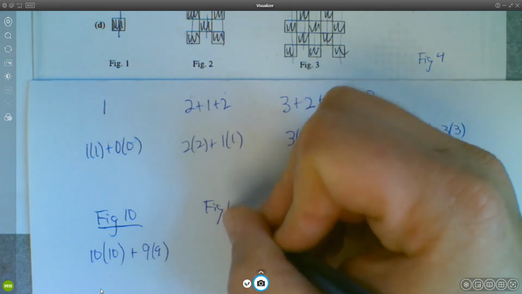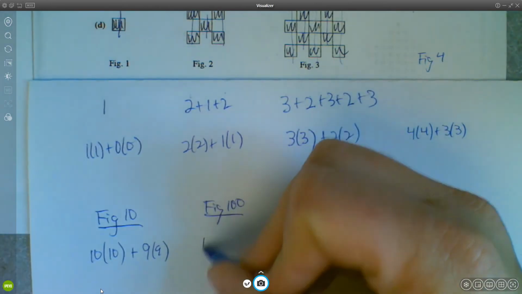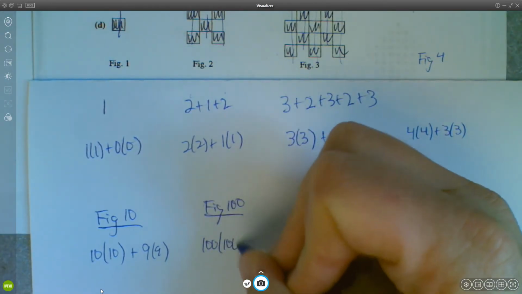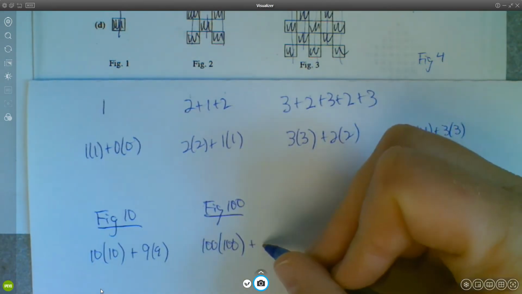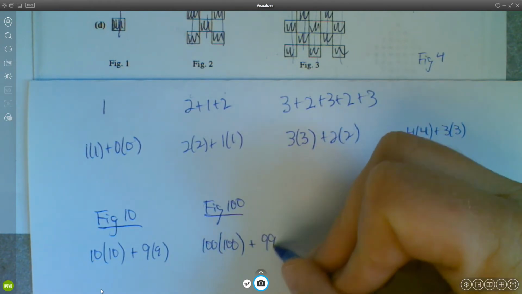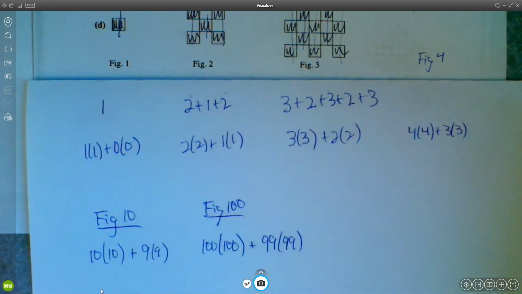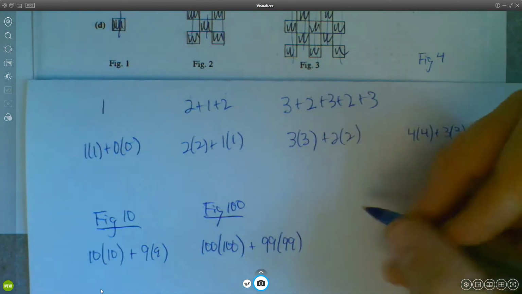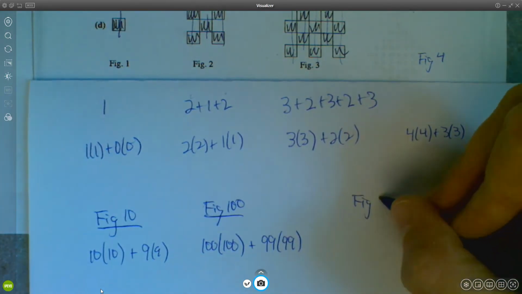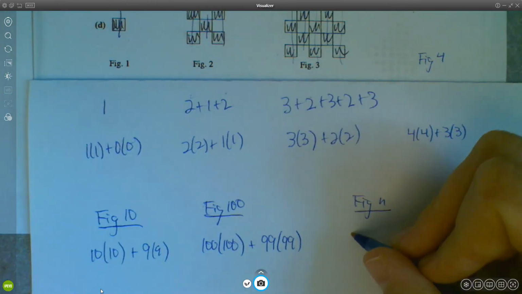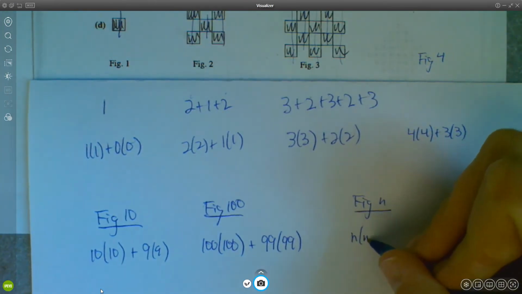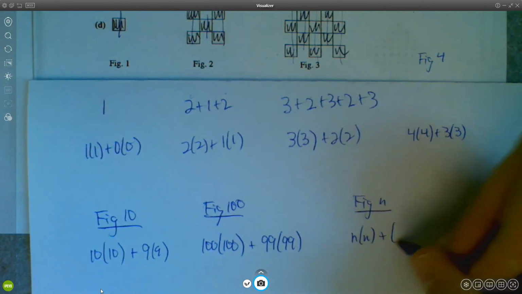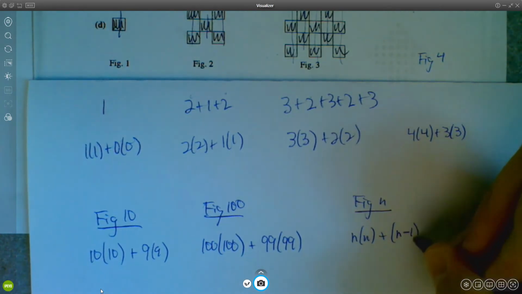Okay, so then figure 100 is the figure number times itself plus 1 less than the figure number times itself, right? And so then for figure n, it's going to be the figure number times itself plus 1 less than the figure number times itself.